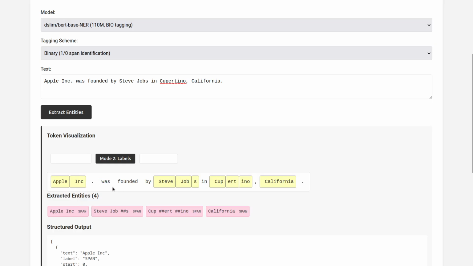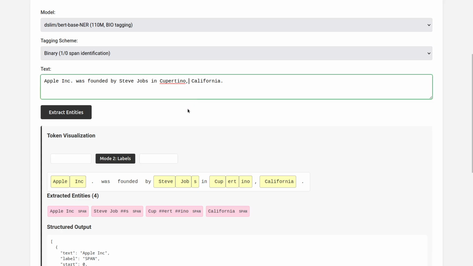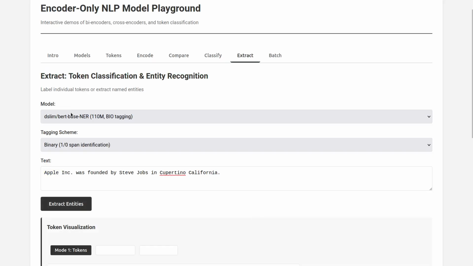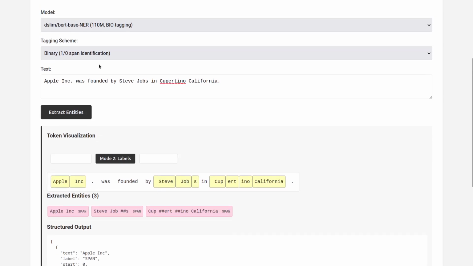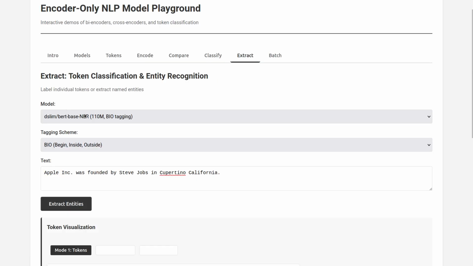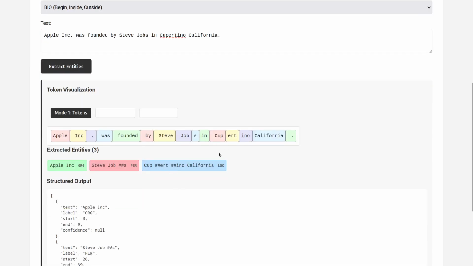Well, if the different spans actually butted up against each other, we would have no way to really split them apart, and this has already merged into a single entity. Although I don't know that BIO would actually handle this particular one better. No, it actually did smush them together too.